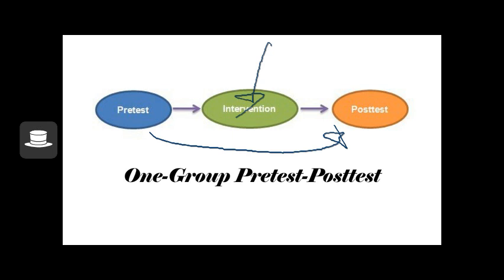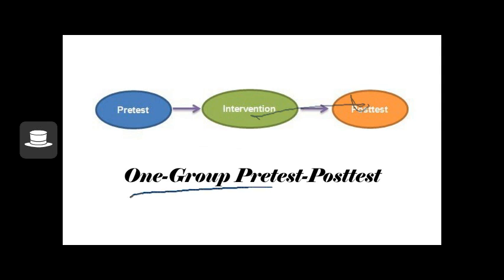So it was related to us getting better. We did take it and then we did feel better, but it's not causal, right? We can't say that just because those two things happened around the same time, that one thing definitively caused the other. So, especially with the one group pre-test, post-test, there are a few issues that we need to be aware of.